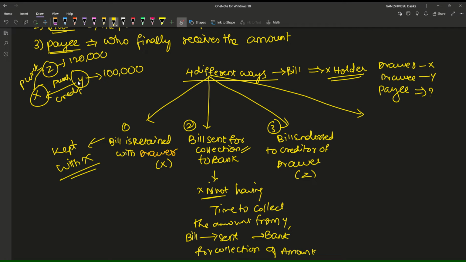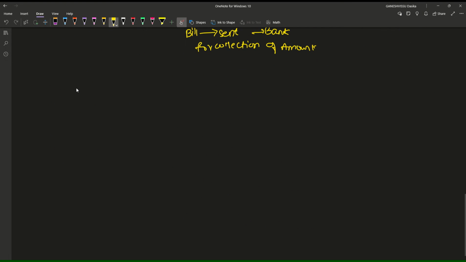Then, as Y is payable to X, let me write it more clearly. Here I am writing. Let us suppose there are three parties X, Y, and Z. Let us suppose these are the three transactions.